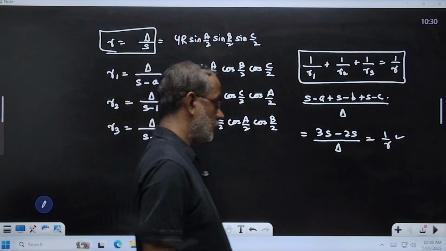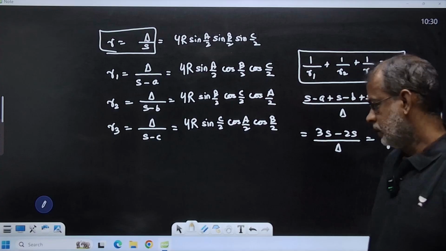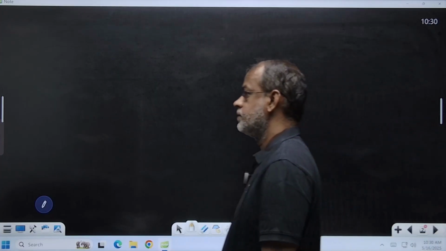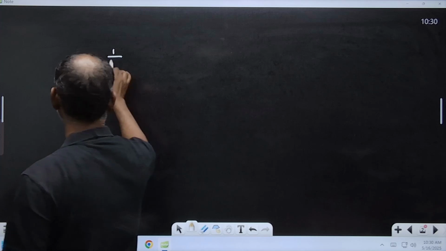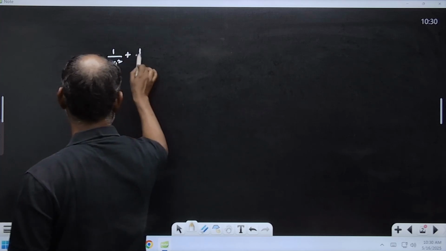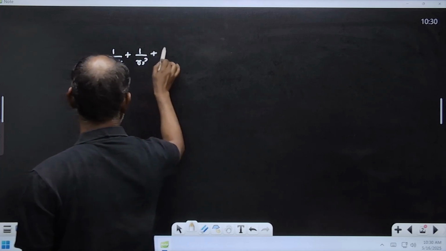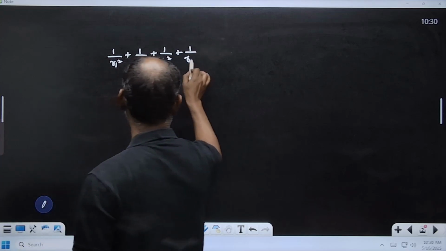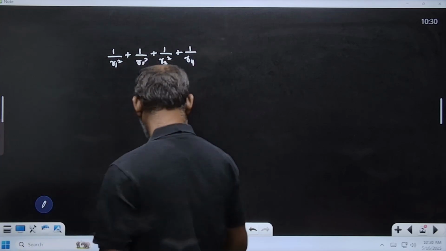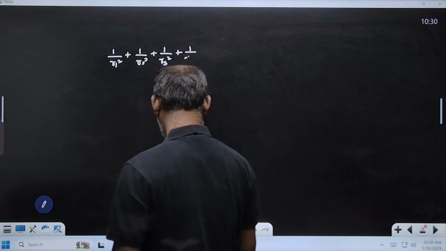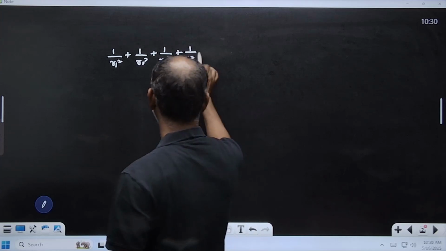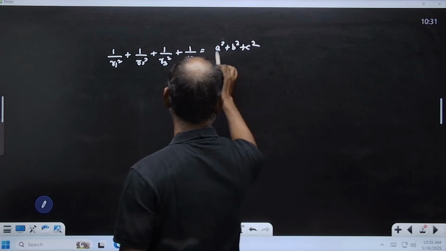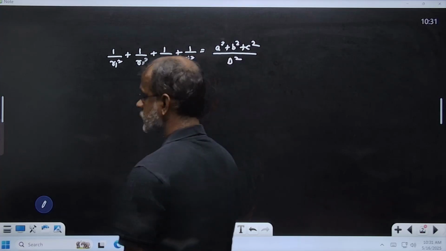Another relation that holds is 1 by r1 square plus 1 by r2 square plus 1 by r3 square is a square plus b square plus c square by delta square.